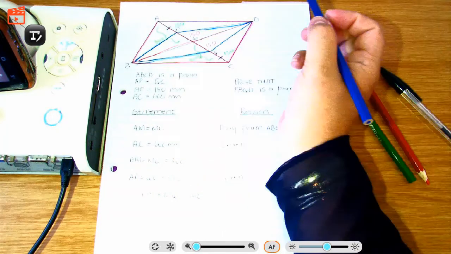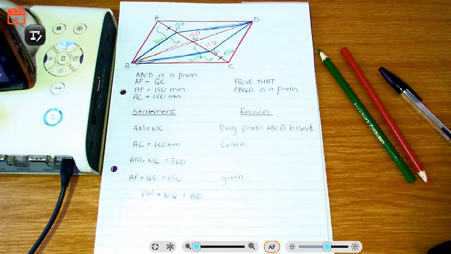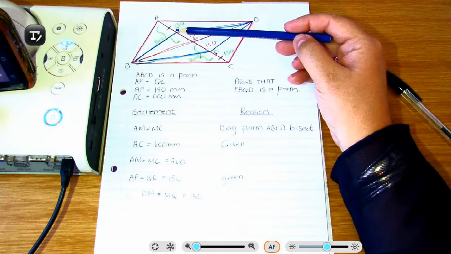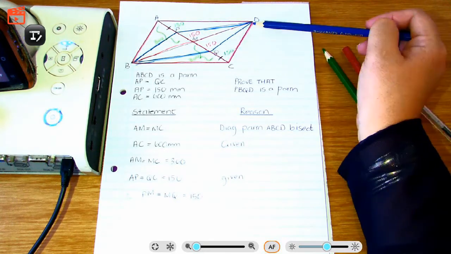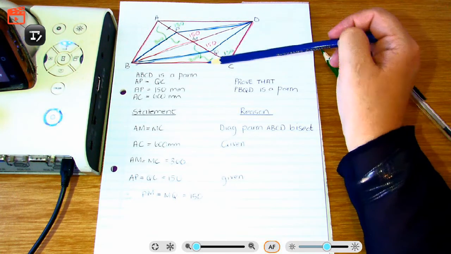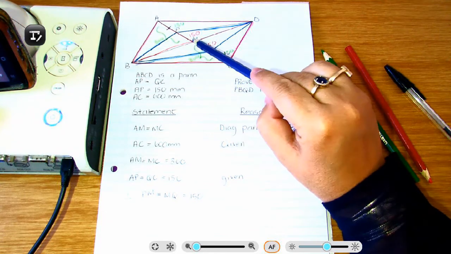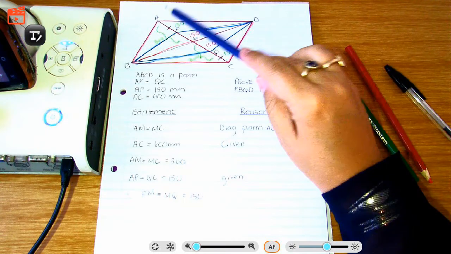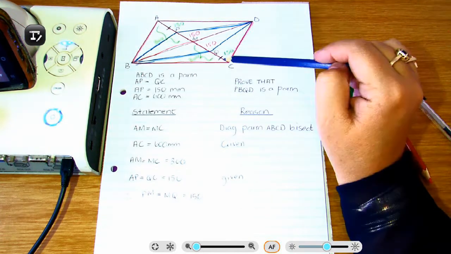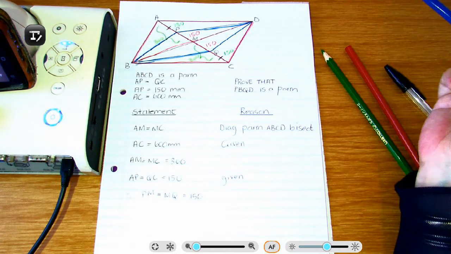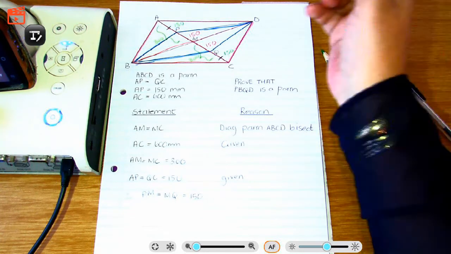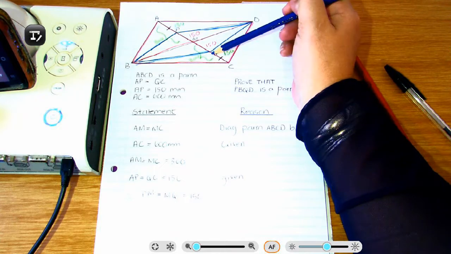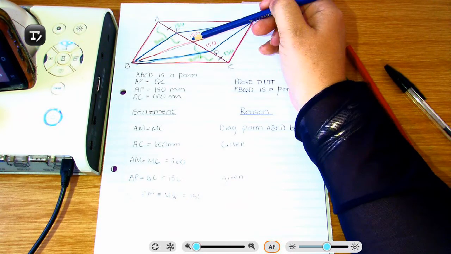Okay, and what we should notice in this parallelogram is that the diagonals of my parallelogram PBQD, the first set of diagonals is BM and MD, and we already know that those are equal to each other because they are the diagonals of parallelogram ABCD. The second set of diagonals of the smaller parallelogram is PM and MQ, and we've already proven that PM and MQ are equal.